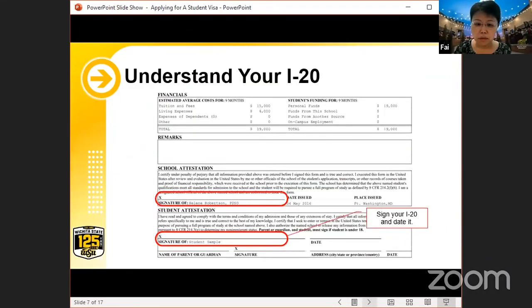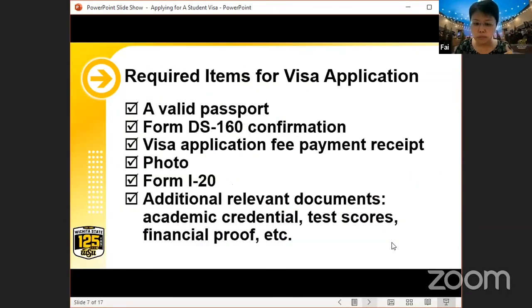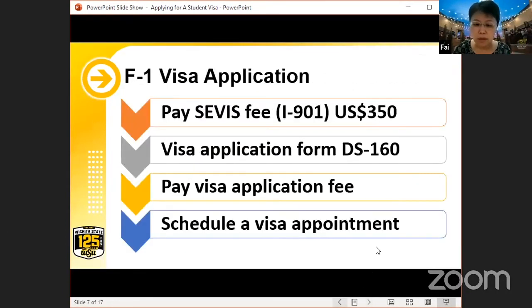So my slide gives a short overview of the processing. Use your CVIS ID and then fill out the form. Usually your school will give you some links to tell you where to start.